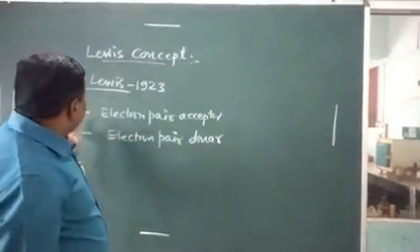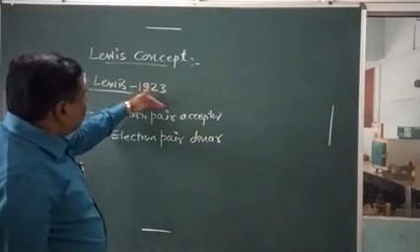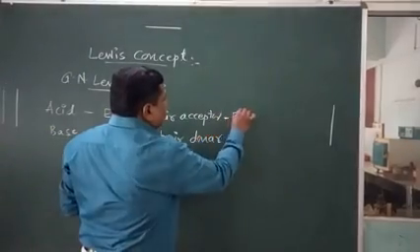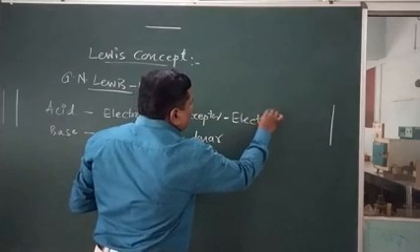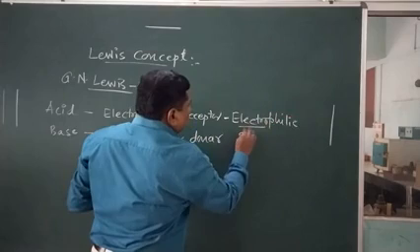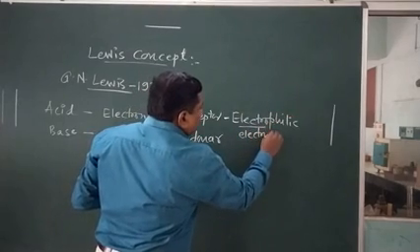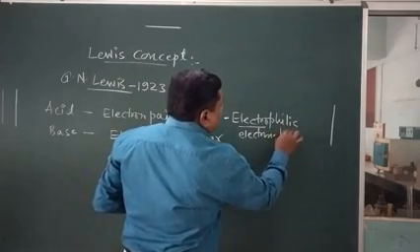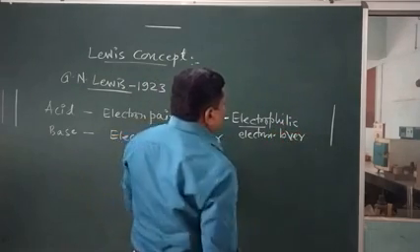Now an electron pair acceptor is called electrophilic. Electro means electron and philic means lover, that is, electron lover.